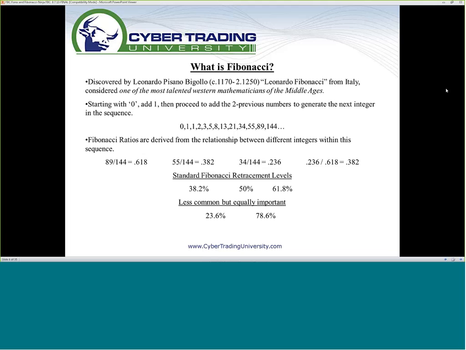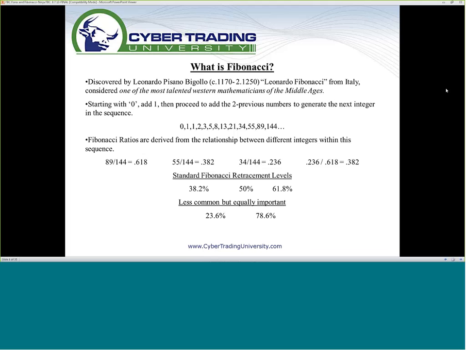The Fibonacci ratios are derived from the relationship between the different integers within the sequence, meaning the difference between 1 to 2, 2 to 3, 3 to 5, 5 to 8, 8 to 15, etc. For example, the relationship between 89 and 144 gives us 0.618, or a 61.8% Fibonacci retracement percentage. 55 and 144 are 2 other integers within this sequence.